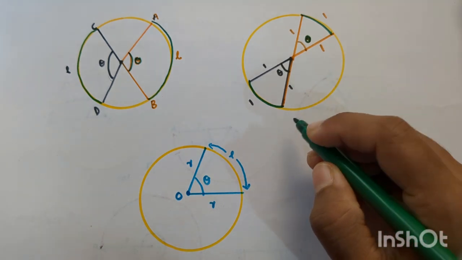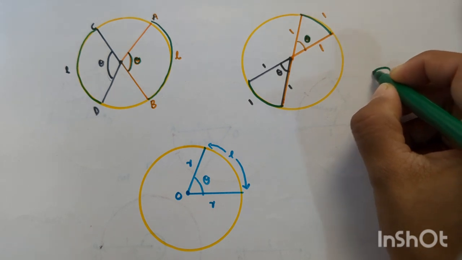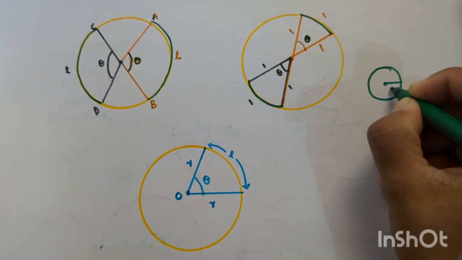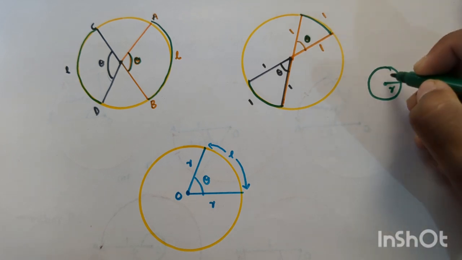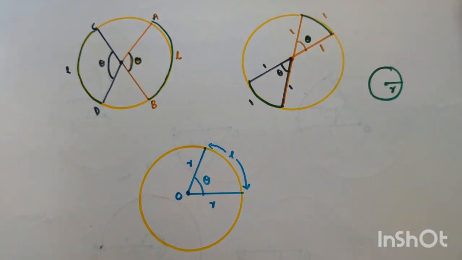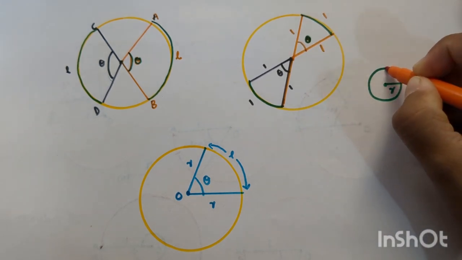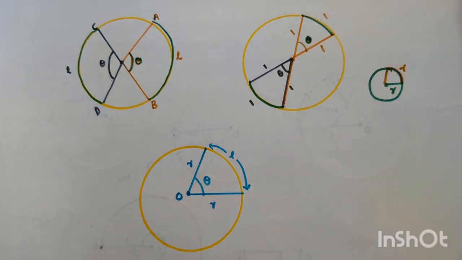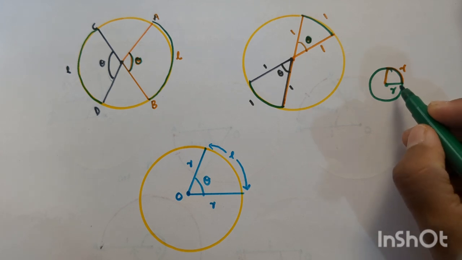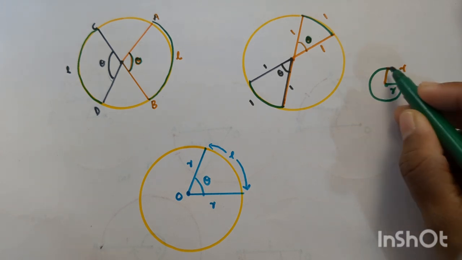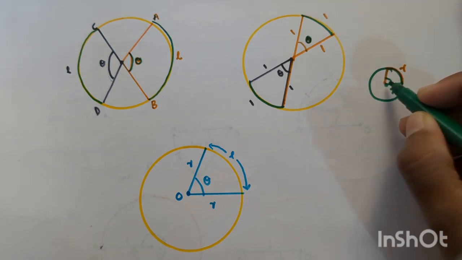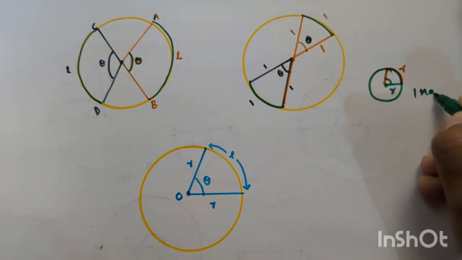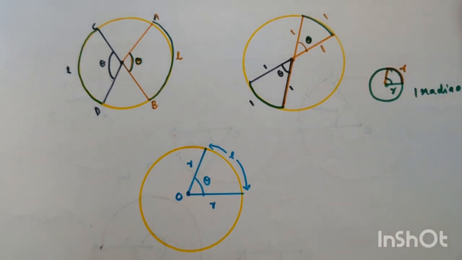Now you see, suppose we are considering a circle of radius r, and an arc whose arc length is r.